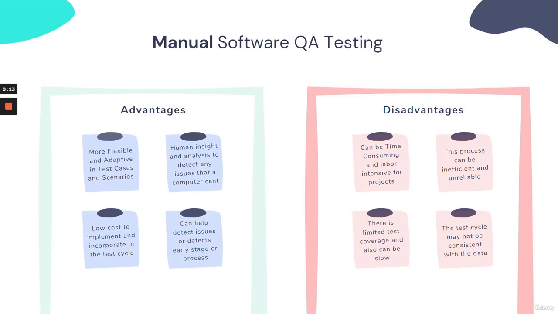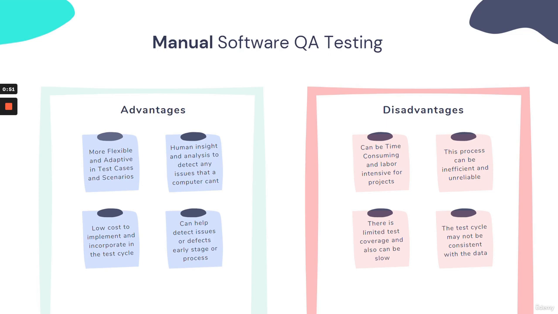Some of the advantages of manual testing include more flexible and adaptive test cases and scenarios, human insight and analysis to detect any issues that a computer cannot, low cost to implement and incorporate in the test cycle or project, and also manual testing can help detect issues or defects in early stages of the process.